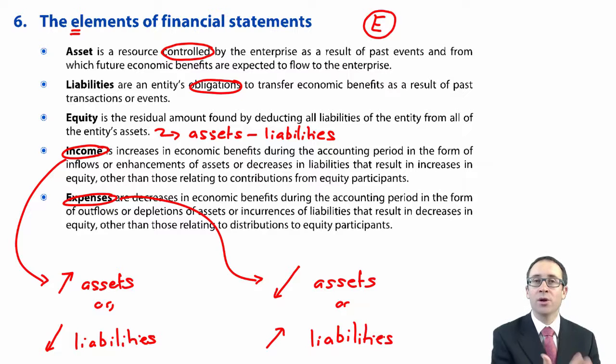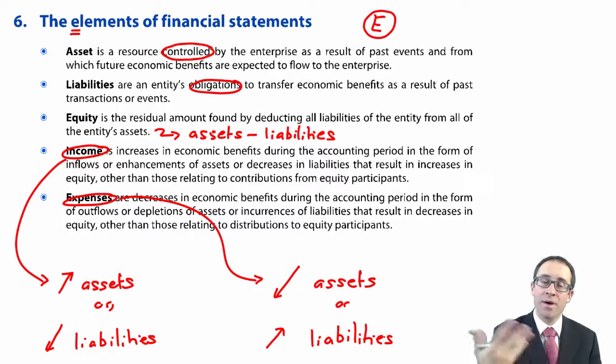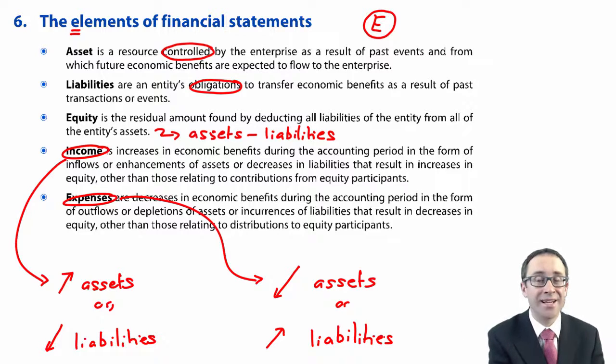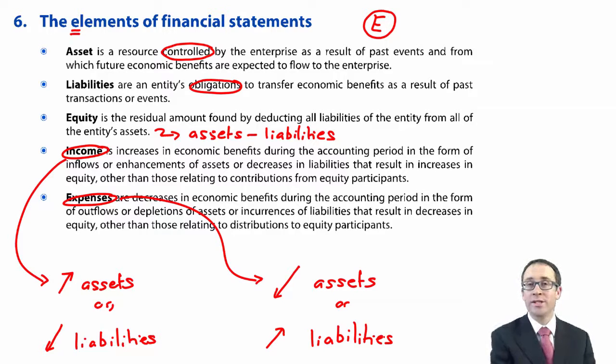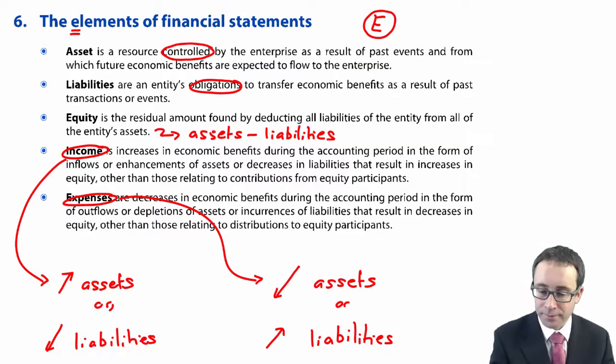An increase in your liabilities as you charge interest on a loan. That's increasing your liabilities. You need to pay that interest, and that interest is an expense, isn't it? It's a bad thing, isn't it? So decreases in assets, increases in liabilities are bad, hence expenses. Increases in assets or reductions in liabilities are good, and therefore income. Okay, that's keeping it in its most simplistic form.